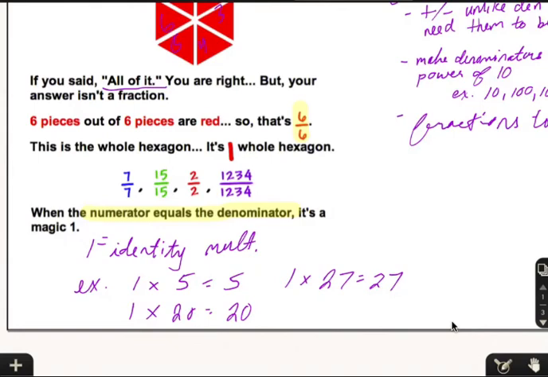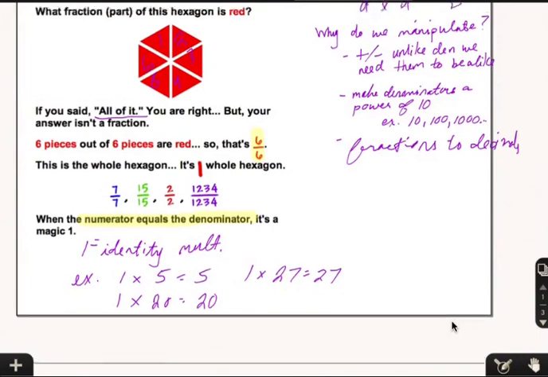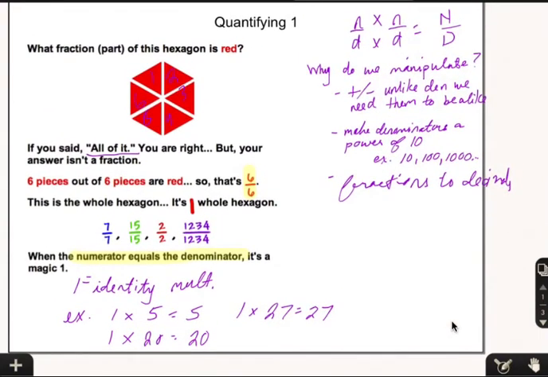And a 1 can be used in fractions to manipulate. It doesn't change the value, but it can, in fact, change the denominator. So, for example, if I needed the fraction 3/5, right? And I needed that to have a power of 10 as a denominator.